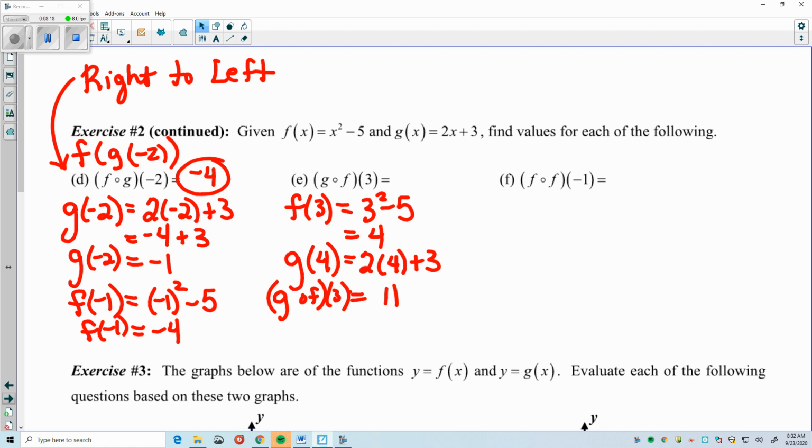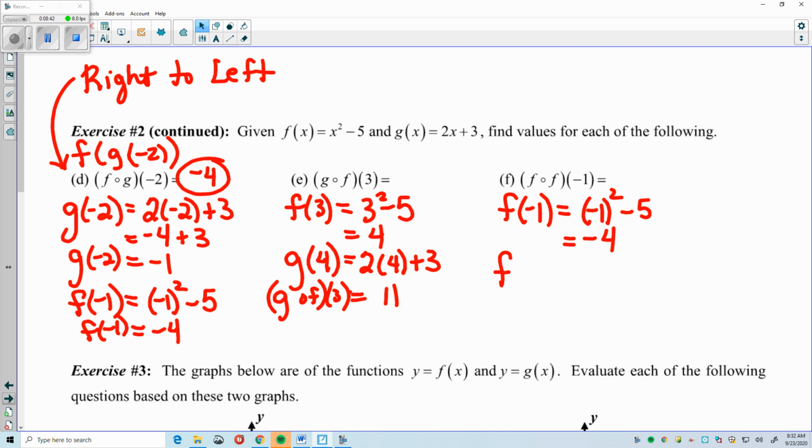And now, just like we saw in that first notation, we can still use just one function in our composition. So we have the f of f of -1. So again, starting with our f function, I'm going to plug in -1. Be careful when you're squaring. So I have a -1 squared is a positive 1, minus 5. So 1 minus 5, I have a -4.